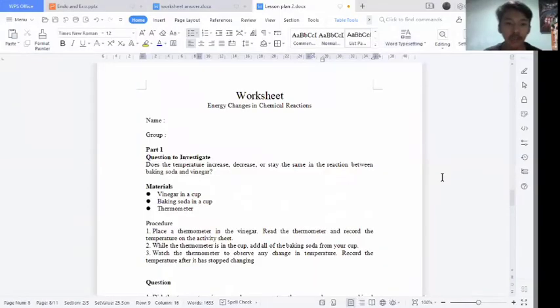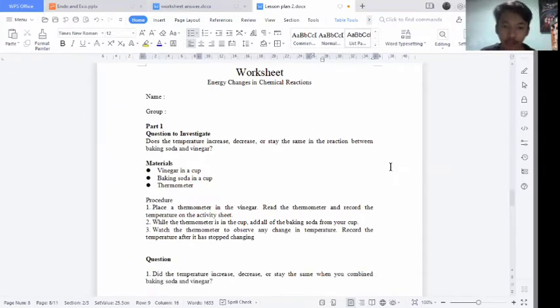Now I will explain how to fill the worksheet. This is about the energy change in a chemical reaction. First, you need to fill in the name and group.